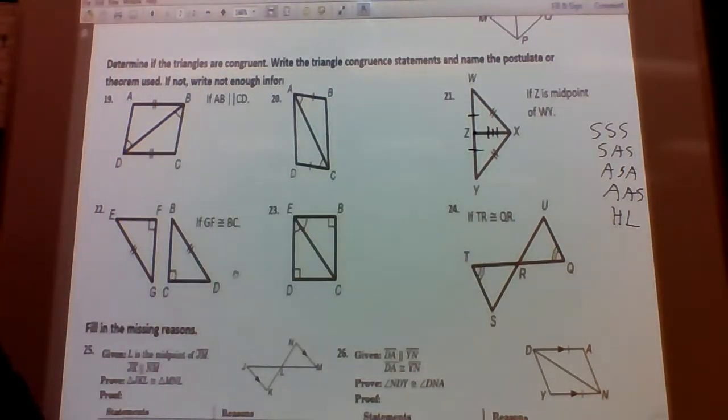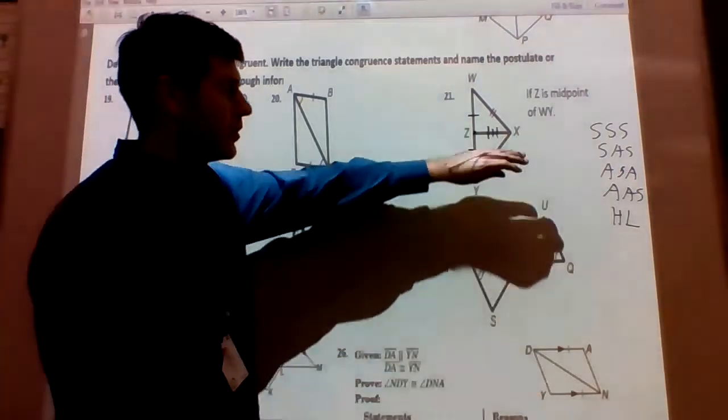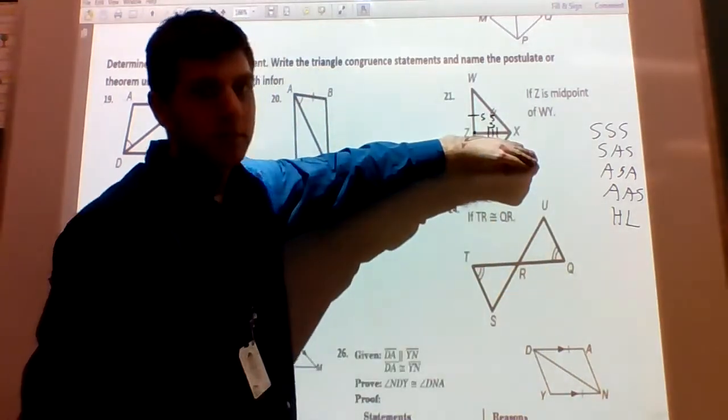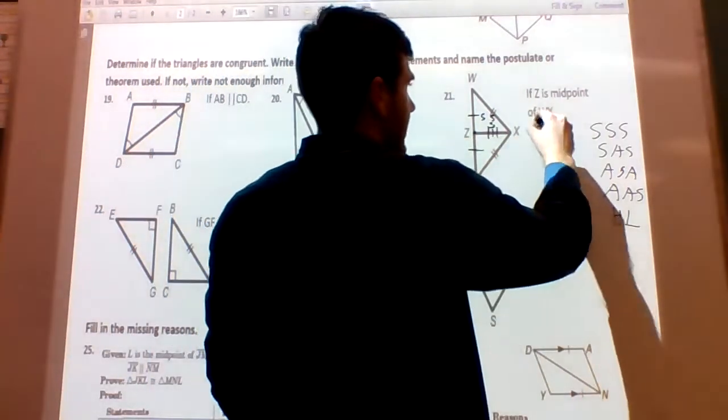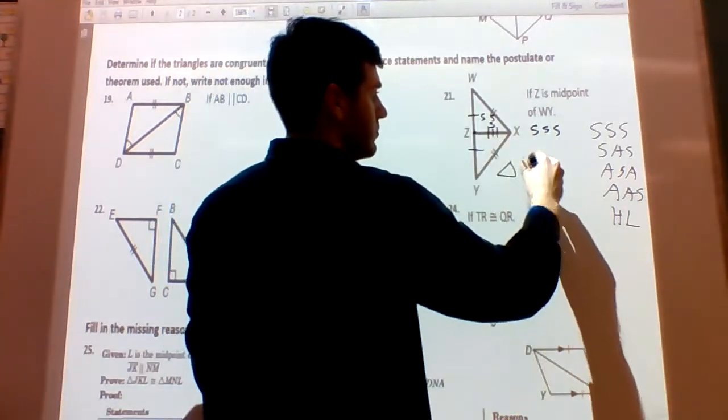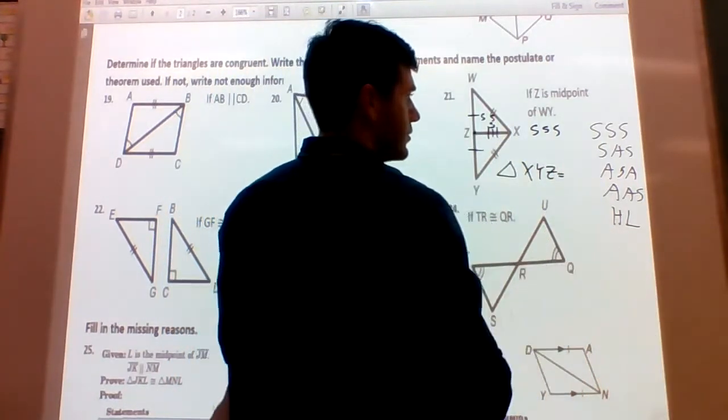So how many corresponding parts do we have that are congruent? We have 3 corresponding parts that are congruent. So cover up one of the triangles and we have side, side, side. So by side, side, side, we know triangle XYZ is congruent to triangle.